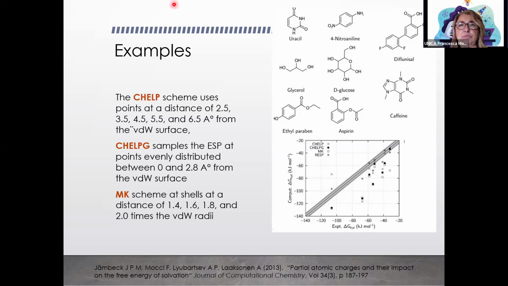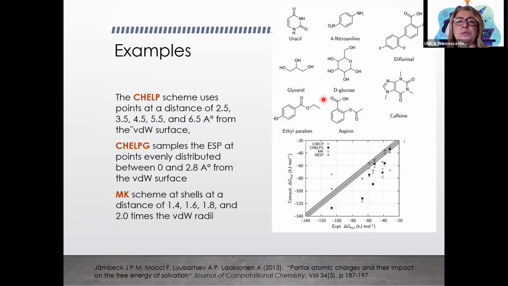So here I show some molecules that we simulated 10 years and more ago, with the aim to calculate their free energy of solvation.